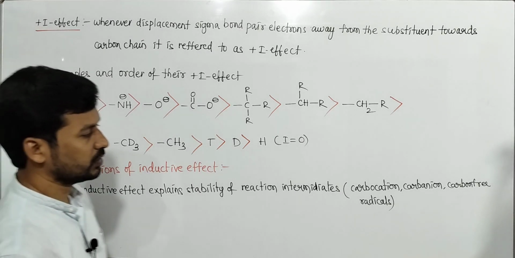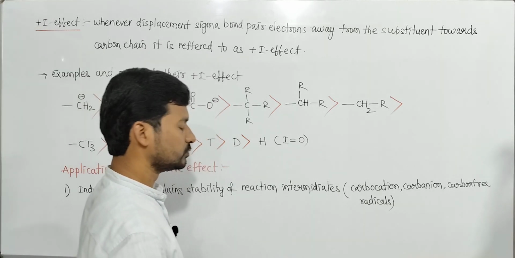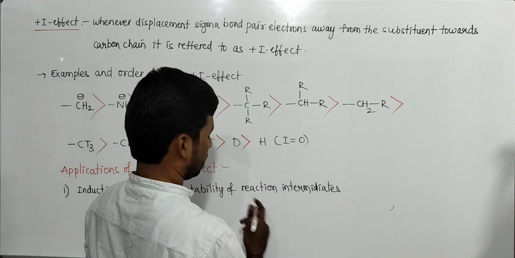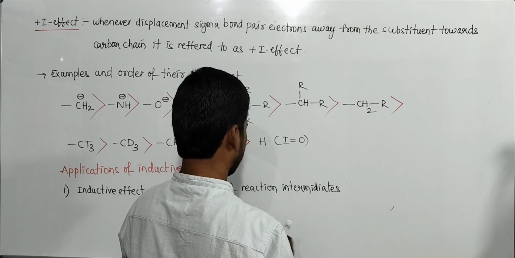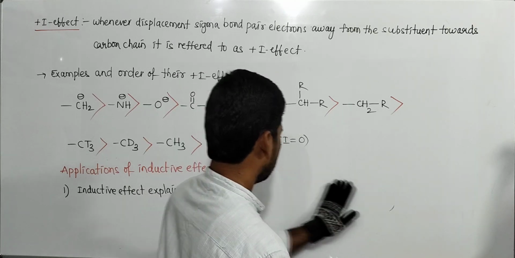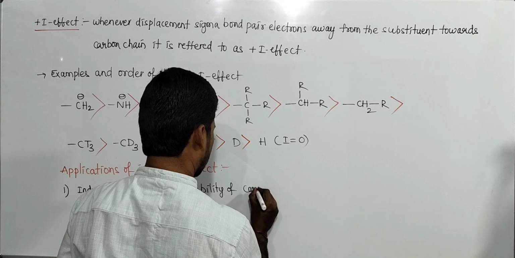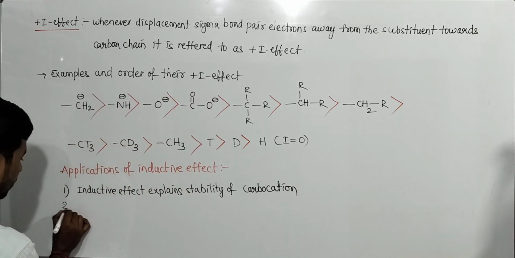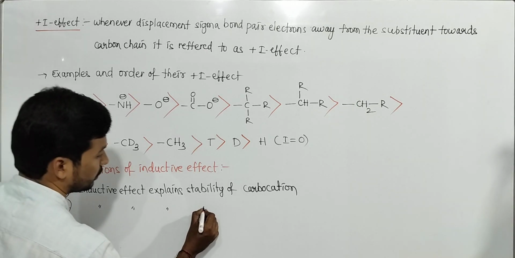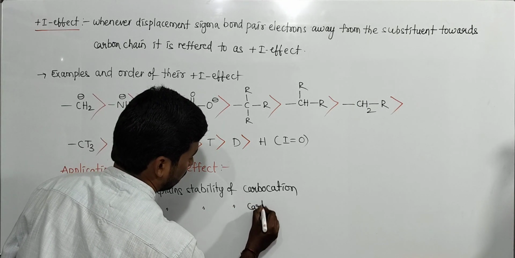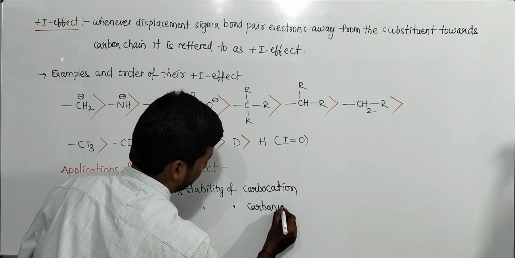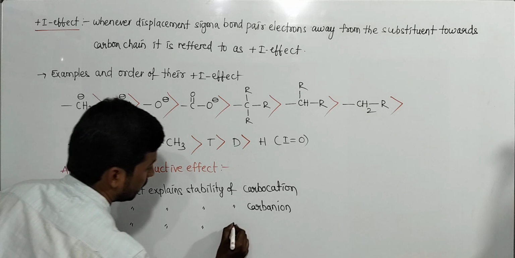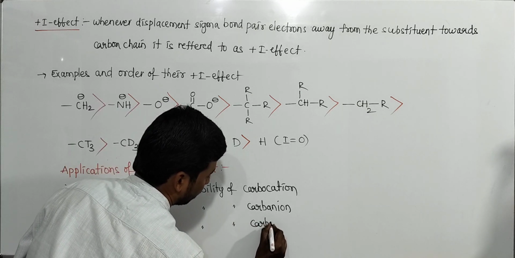Okay, it explains the stability of carbocation. If you write separately, that becomes the stability of reaction intermediates, like the stability of carbocation. Second application: the inductive effect explains the stability of carbanion. Third application: the inductive effect explains the stability of carbon free radical.